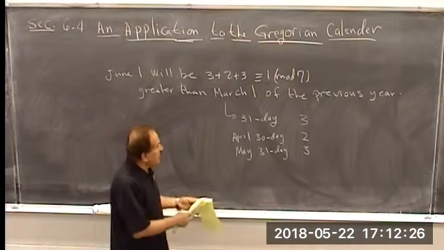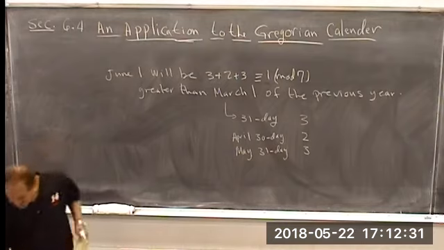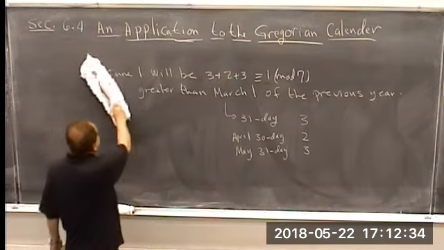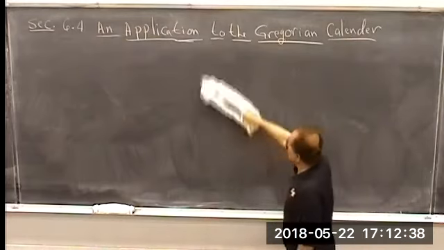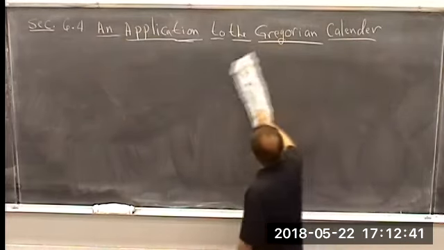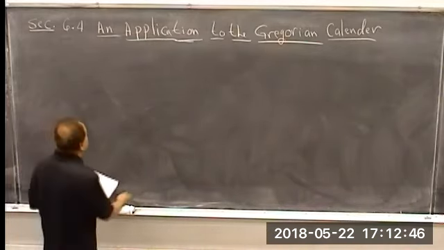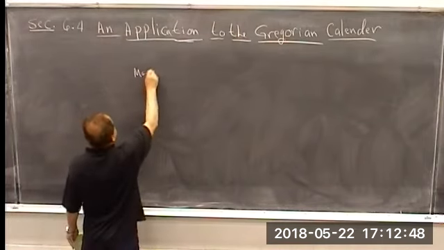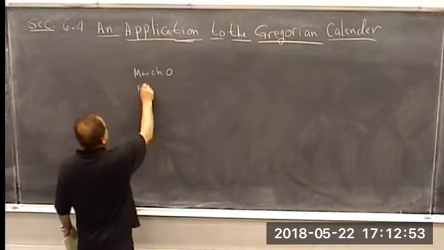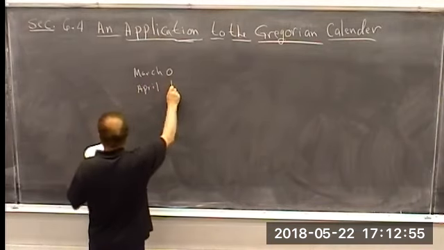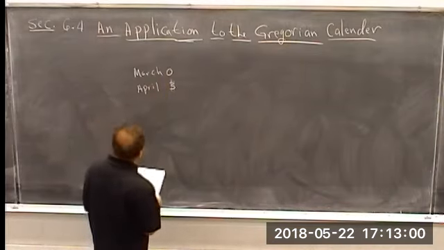Now, for every month, starting from March and considering it as a 0, we have this table which gives us by how much each month will advance from one year to another. So March has 0, and then April, 3, because from March we have 31 days.